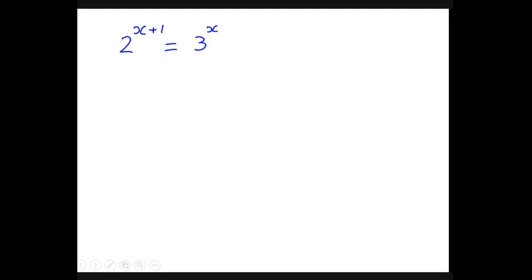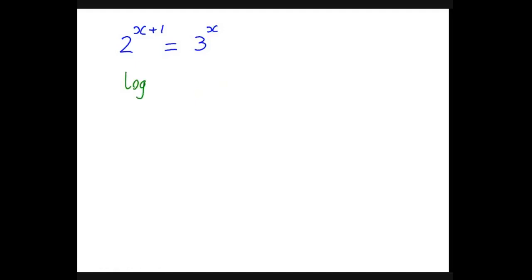So it would be nice to say log to the base 2 of x plus 1 equals, but the problem is you're going to end up having, so what we could try is this. We could say log to the base 2 of 3 to the power of x equals x plus 1. But that's horrible because you've got a log, and inside the log you've got an x, and then it equals some answer of x. So that's not going to be nice. But what we can do is we can take logarithms of both sides.